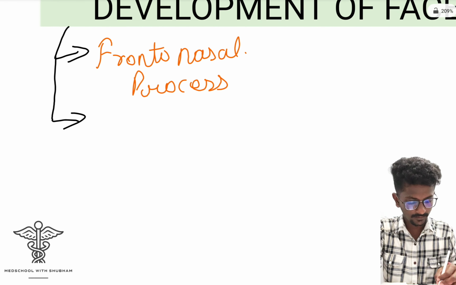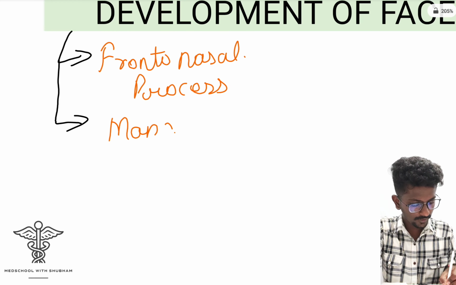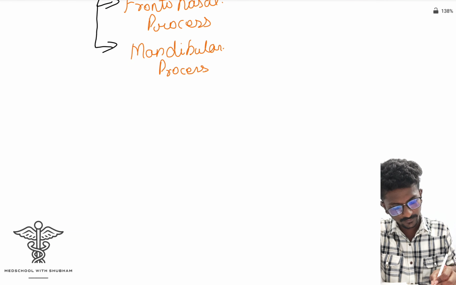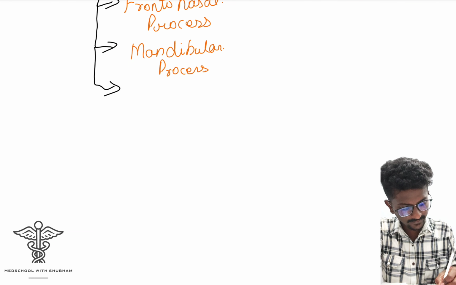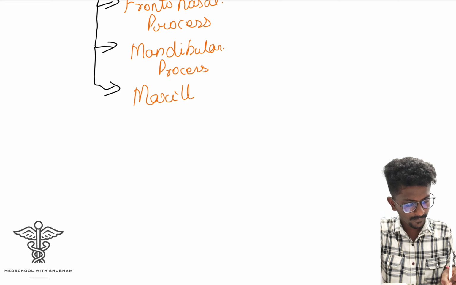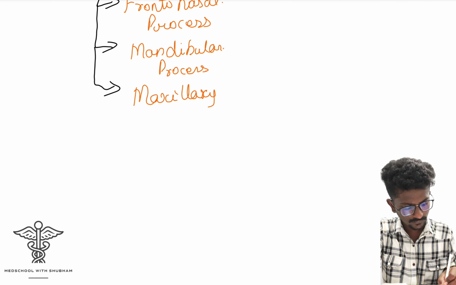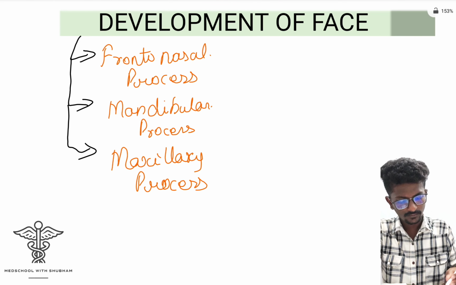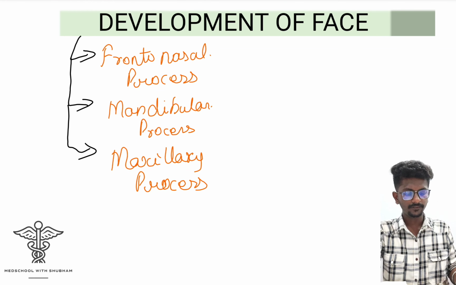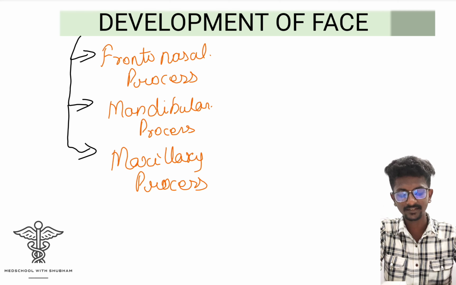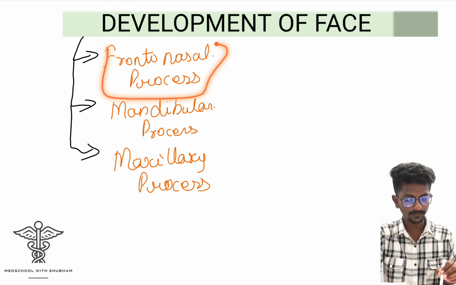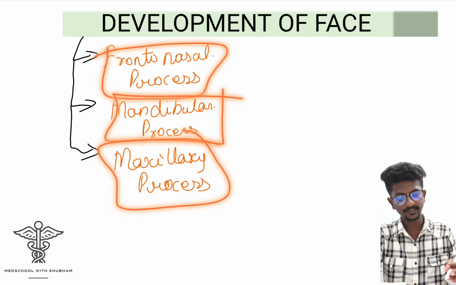The next one is the mandibular process. And the third one is the maxillary process. Okay, so I said there are 5 components which are needed for the development of the face, but I have written only 3, that is frontonasal process, the mandibular process and the maxillary process.